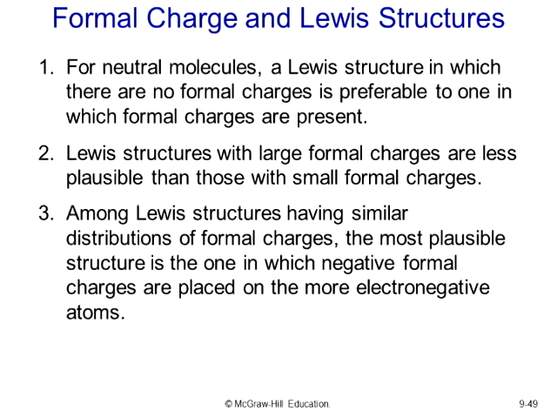Well, let's talk further then about formal charges and Lewis structures. For neutral molecules, a Lewis structure in which there are no formal charges is preferred to one in which formal charges are present. In other words, you want to draw a Lewis structure where there are no formal charges on the atoms.